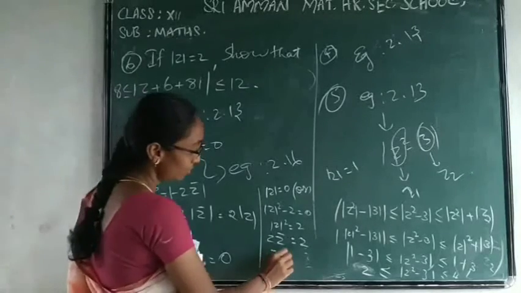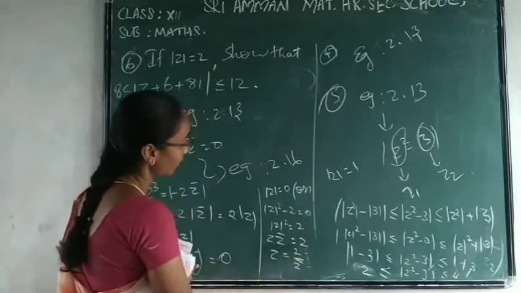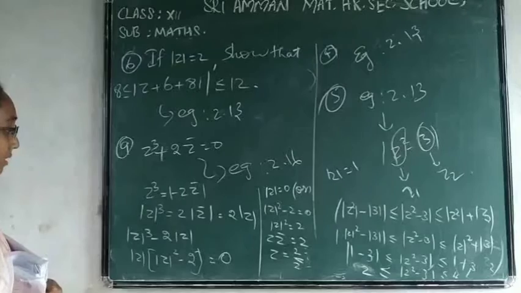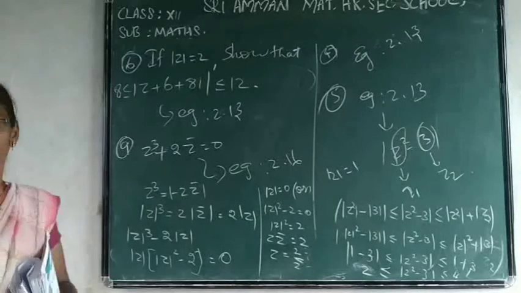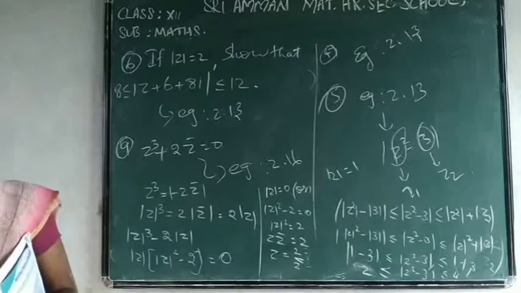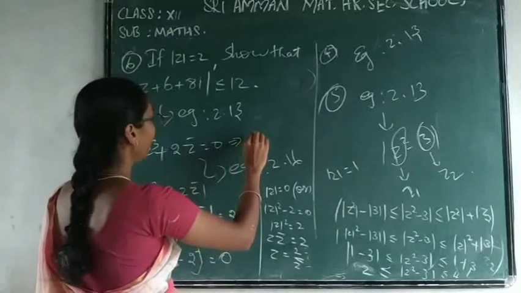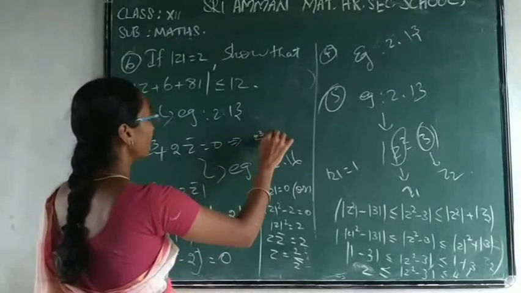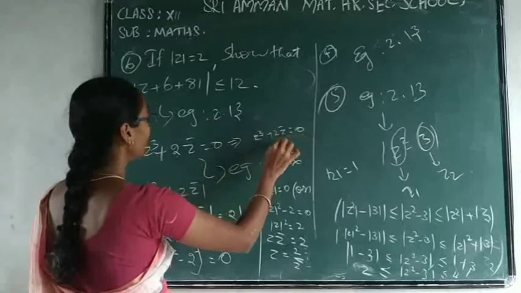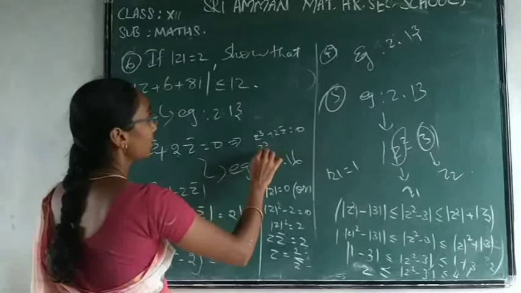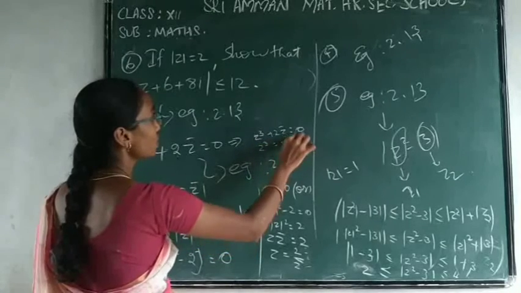And then z equal to 2 by z bar. In this way we write it. Z cube plus 2z bar equal to 0, so z cube equal to minus 2z bar.